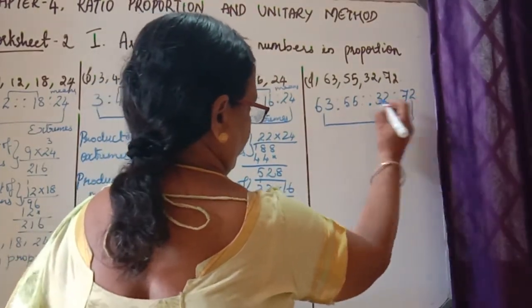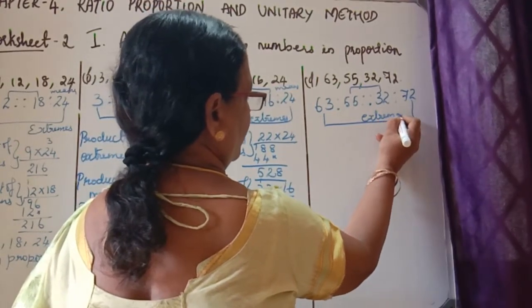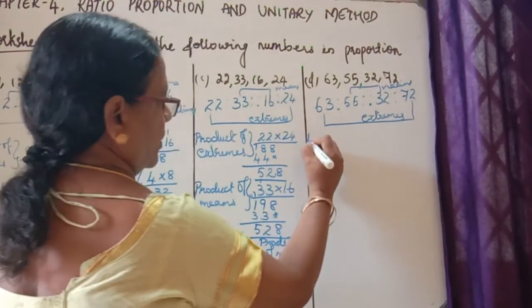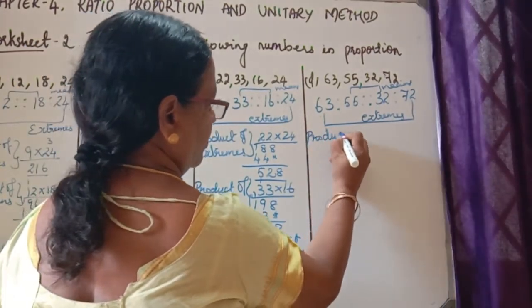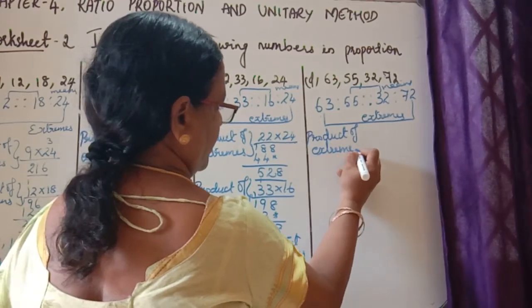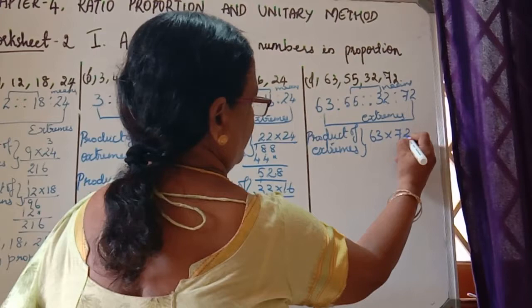Now we have to find out the product of extremes and product of means. Product of extremes. What is that? 63 into 72.